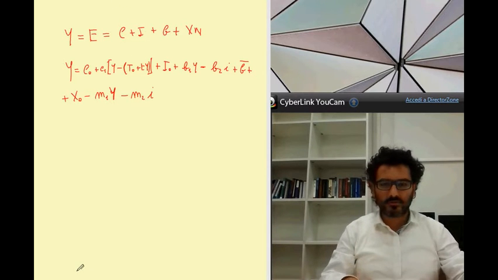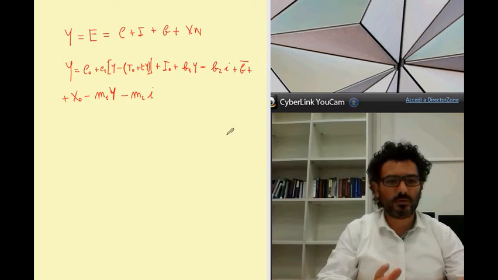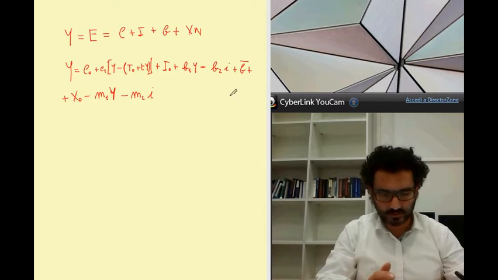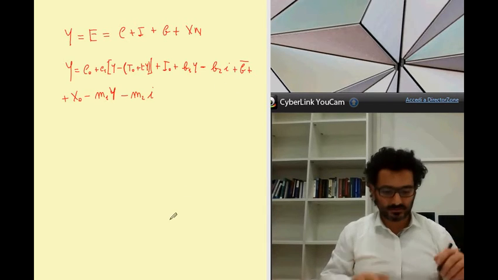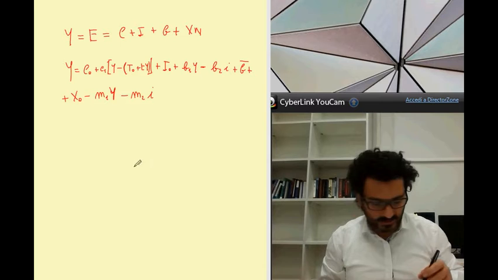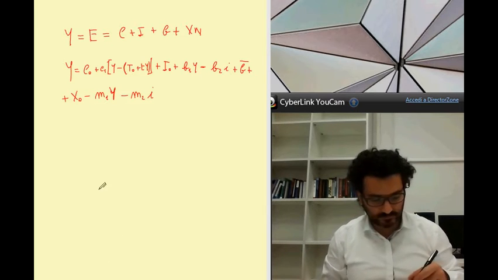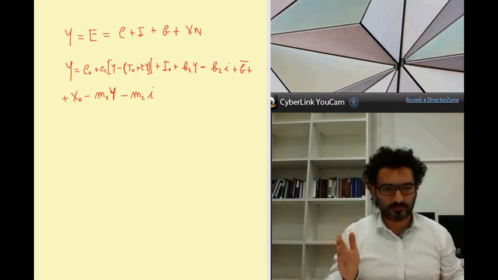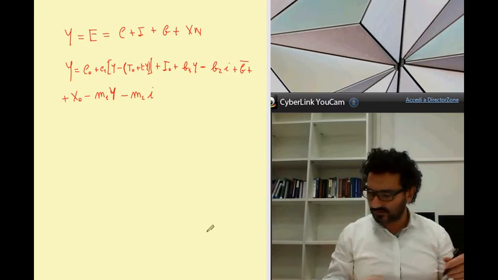Okay, now what we have to do is to obtain a relation between interest rate and real GDP in order to have a relation similar to the curve, which is the IS relation. And we get, we will put all the factors with the interest rate on the left hand side and the rest on the right hand side.